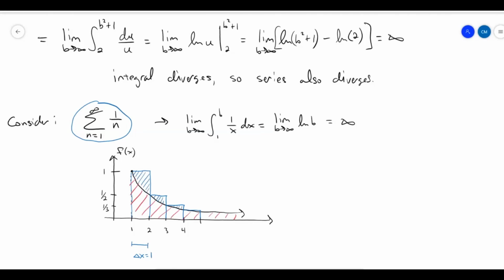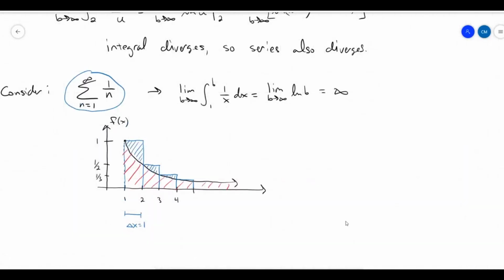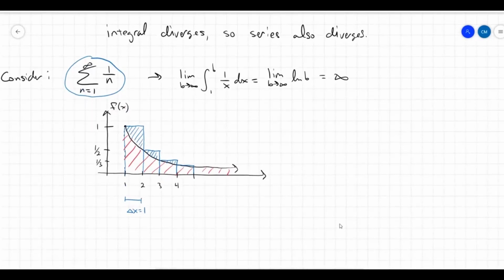And so this sort of visually demonstrates that indeed this series, all those boxes, that's the sum of the series, right? But that's bigger than the total area under the curve, and we've already established that the area under the curve is infinite, so therefore the series has to also represent an infinite value. Okay, so that's kind of a visual representation about why this integral test actually works and does what it's supposed to do.